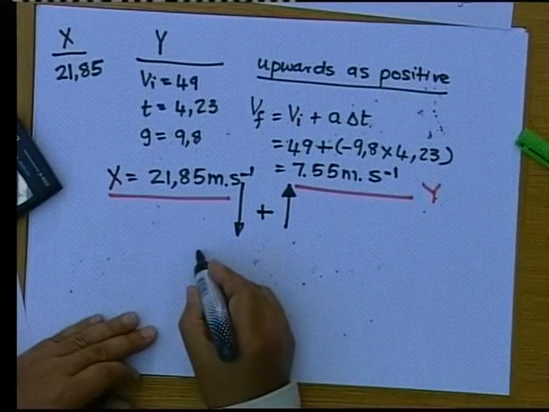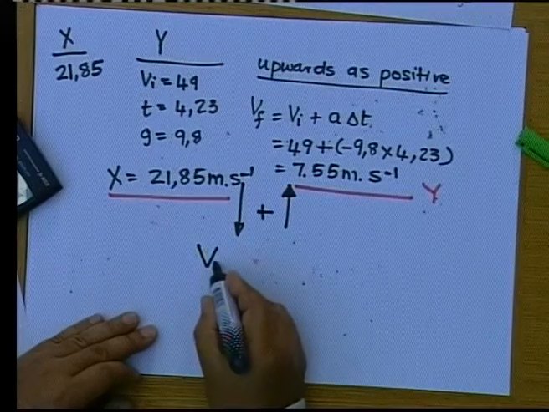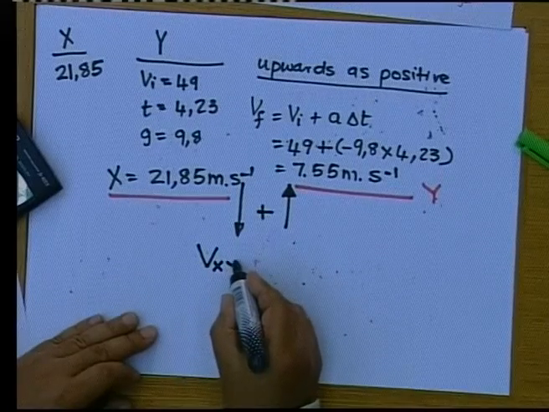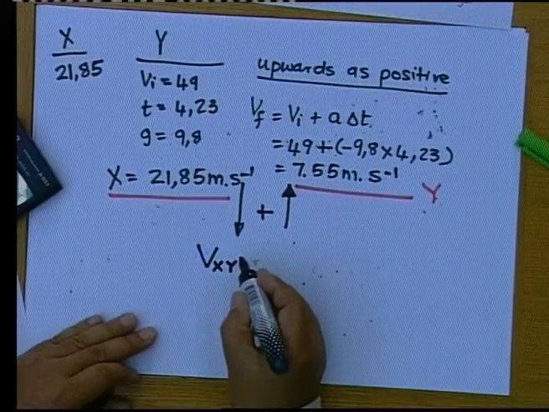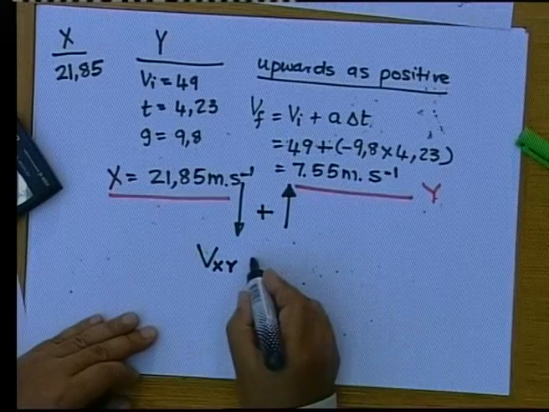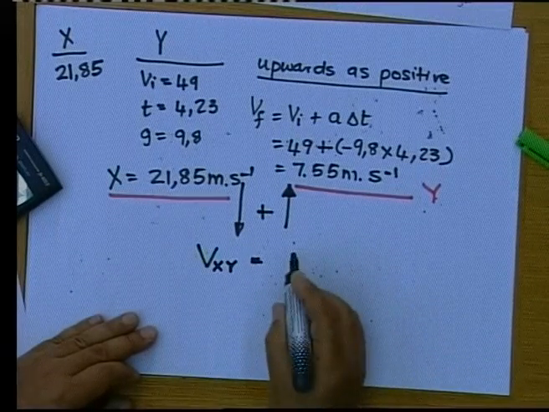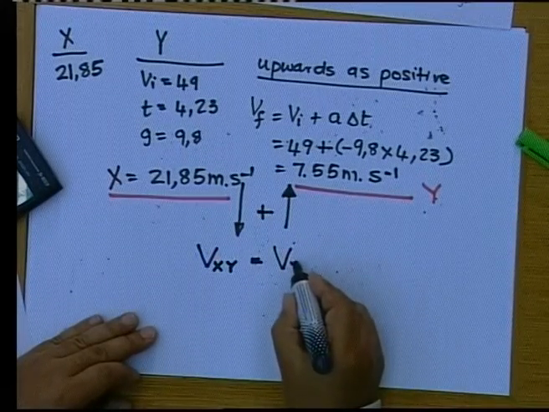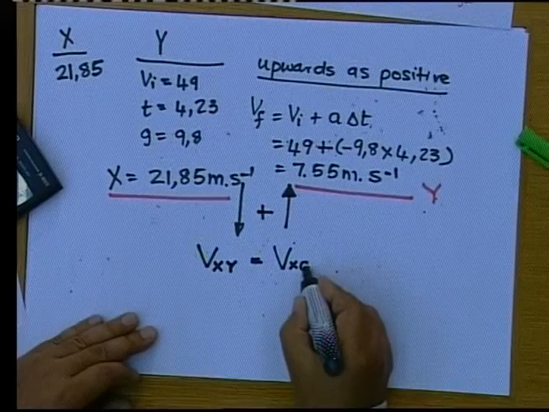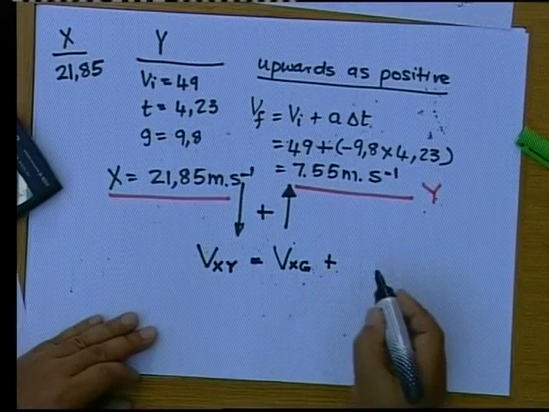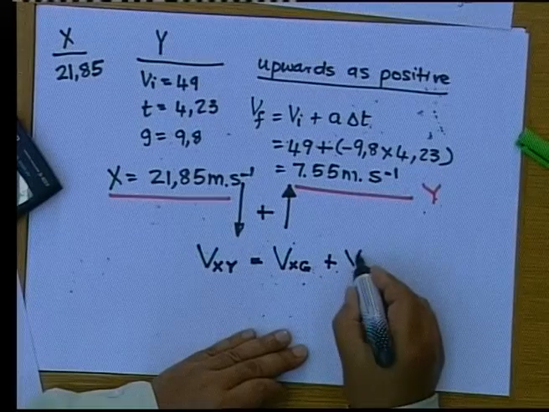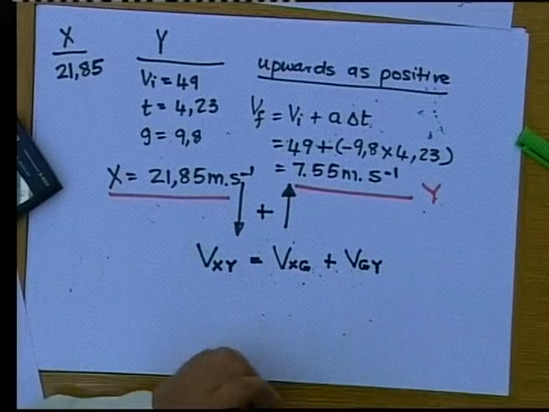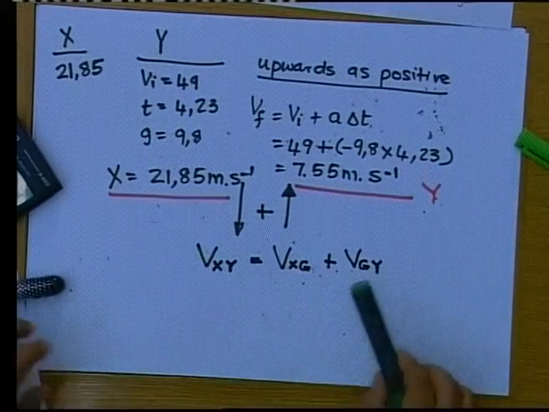So I will write the velocity of projectile X relative to projectile Y is equal to the velocity of X relative to the ground added to the velocity of the ground relative to Y. That's the way I write it. This is something that you can learn and always remember.